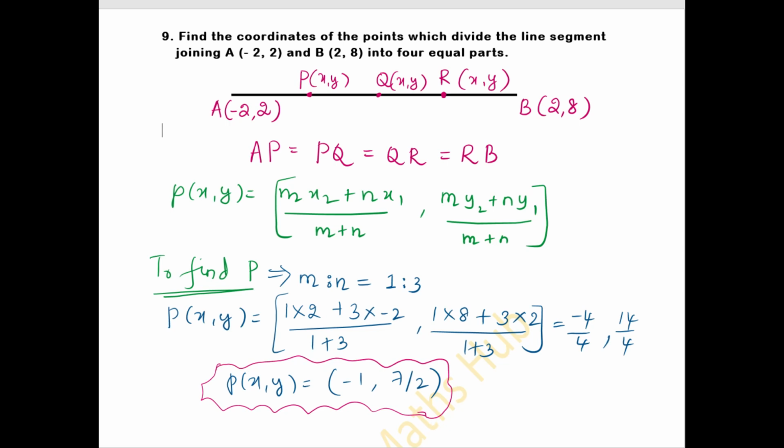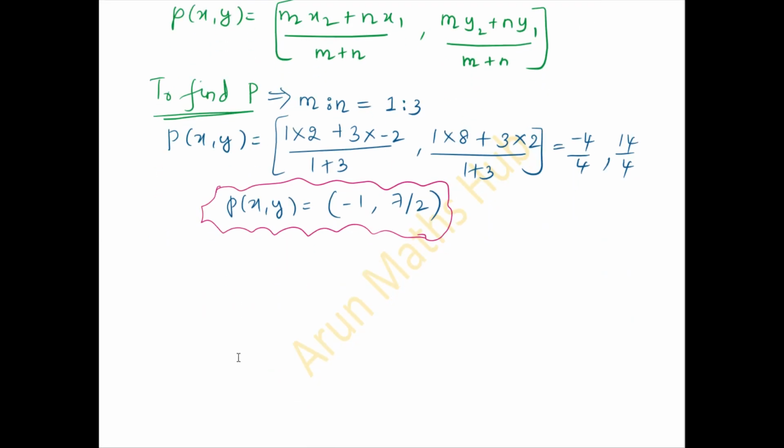The point P is minus 1 comma 7 by 2. Now to find Q, what is the ratio? The ratio is 1:1, that is the midpoint formula.